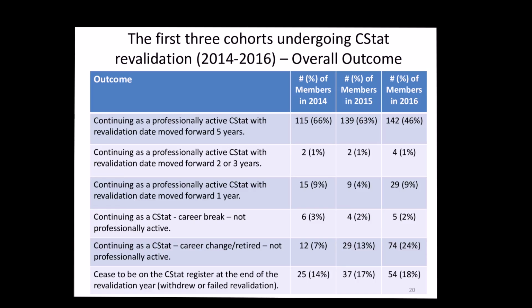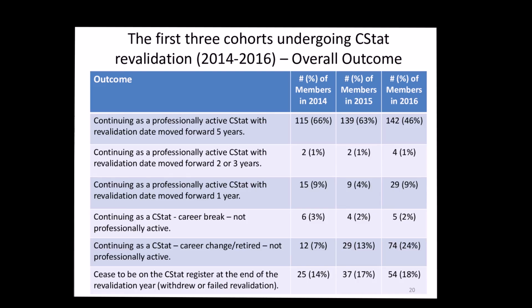The next 2 rows indicate those who retained CStat status, but for whom their professional register entry was changed to indicate that they are not professionally active as statisticians. So a temporary state for those on a career break, but typically permanent for those undertaking a career change or moving into retirement.